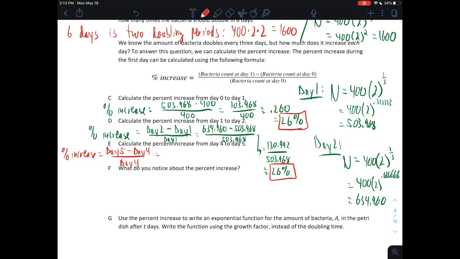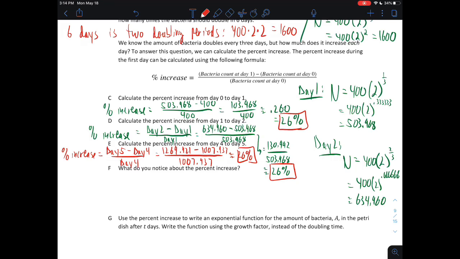The day 5 amount you'll find out to be 1269.921. The day 4 amount will be 1007.937. And then you're going to divide by the day 4 amount, 1007.937. Do the subtraction and then the division. It should be no surprise. You're going to get 26% again.